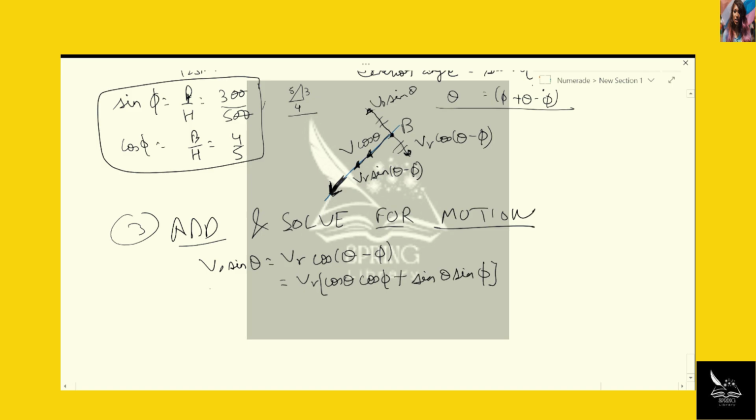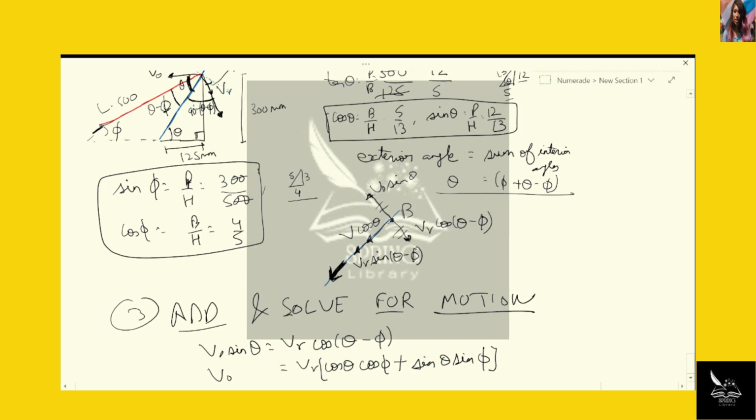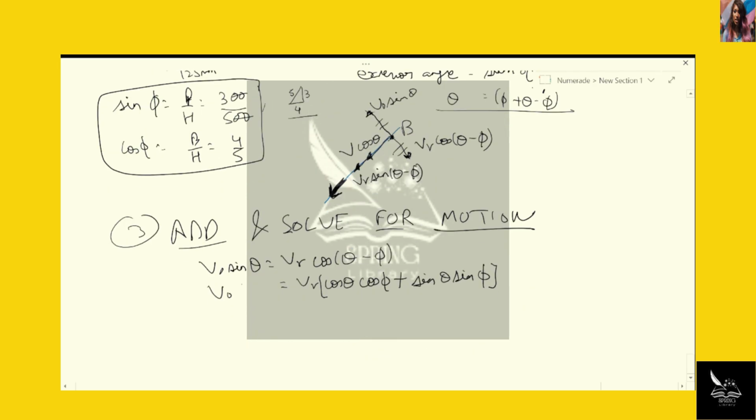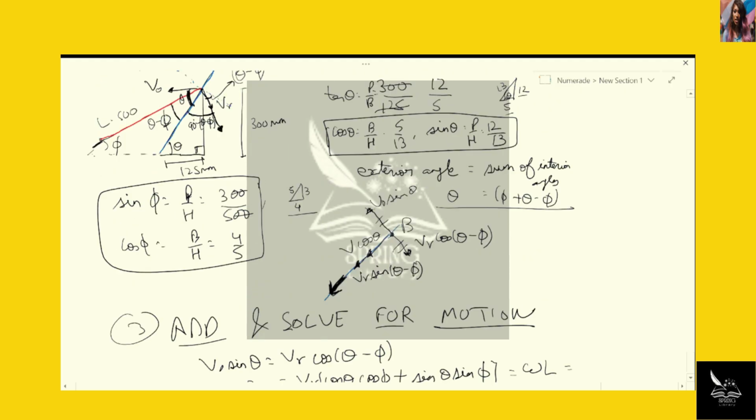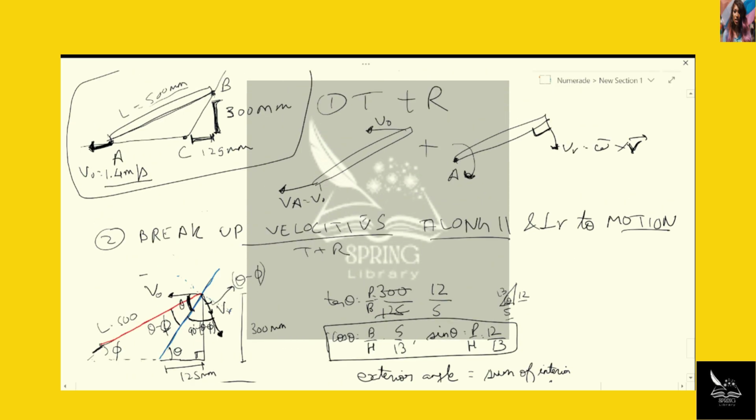So let's keep this V naught as V naught. We'll put the final numbers at the end. Sine theta was 12 over 13. So VR is omega times L, because this is omega L sine of 90 degree, because we already figured out the direction.